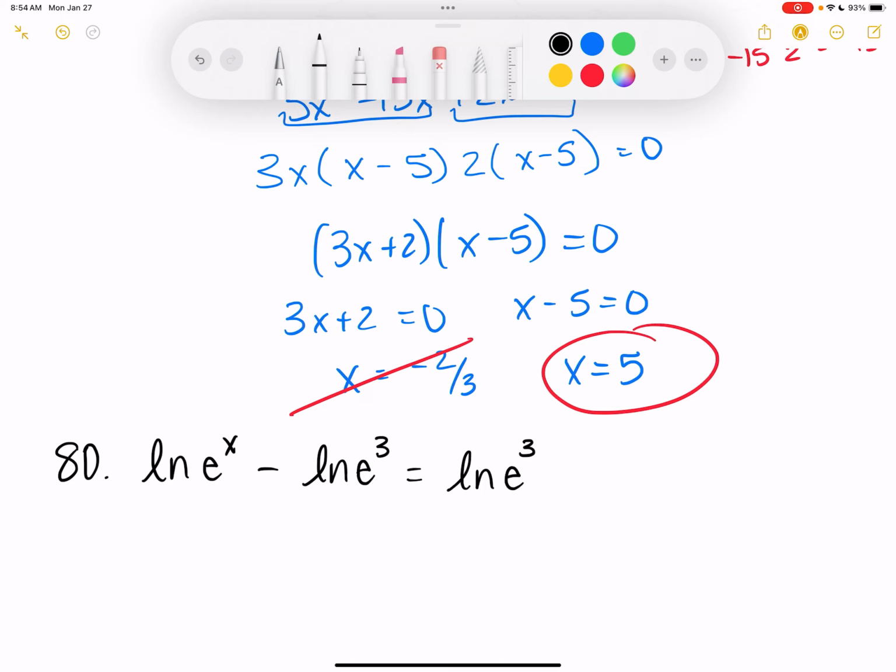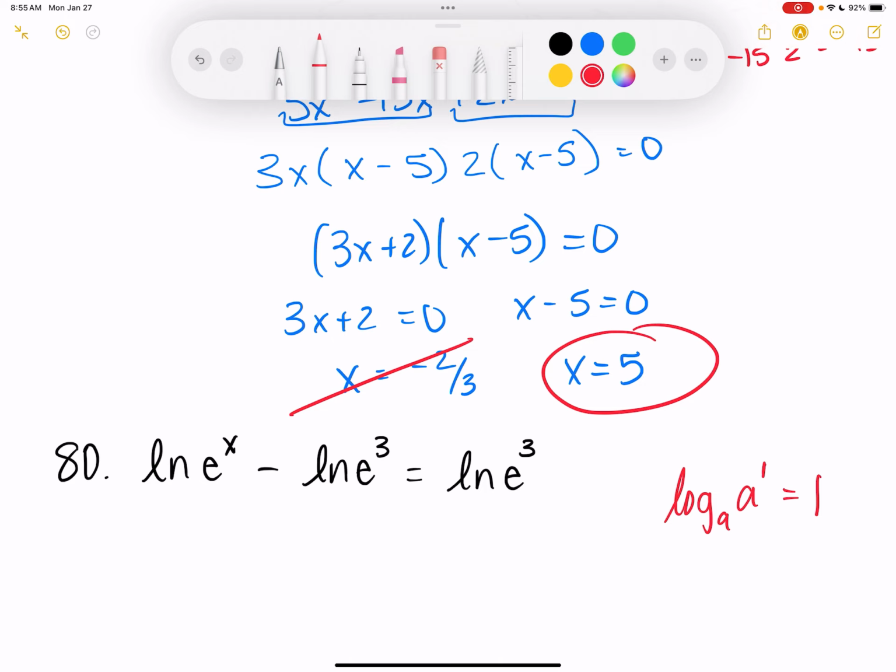So all of these again have base e. So anytime I have like the log base a of a, we know that this is equal to what? Yep, 1. And that's because the exponent that's up here technically is 1. So if this is log base e of e raised to the x, what does this equal to?